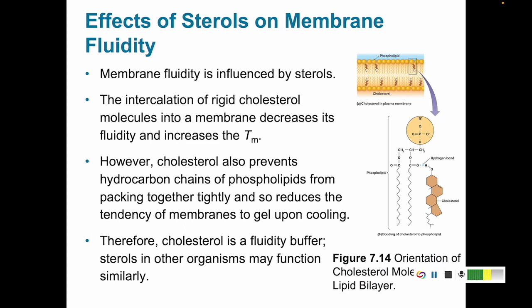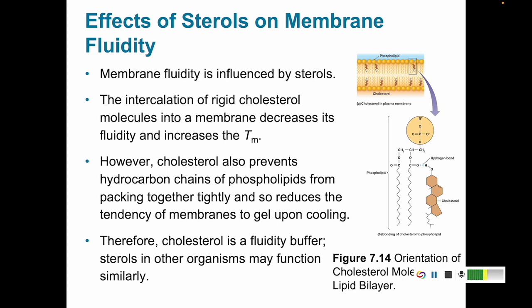Sterols also impact membrane fluidity. Their intercalation into the membrane means that it's going to be harder for those phospholipids to interact with each other. So cholesterol prevents hydrocarbon chains of the phospholipids from packing together, and so it reduces the membrane's tendency to gel when they get cooler. But also, cholesterol is rigid by itself, so that is going to increase the Tm.